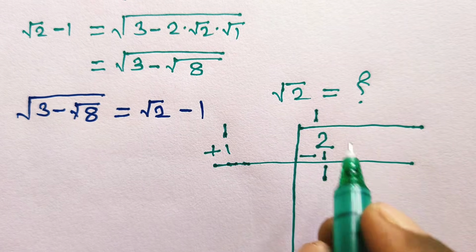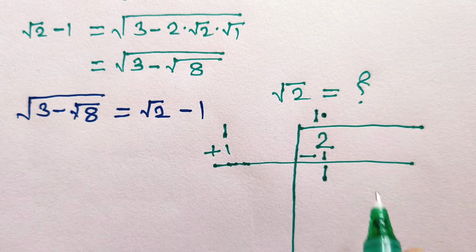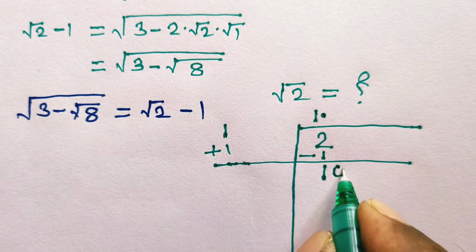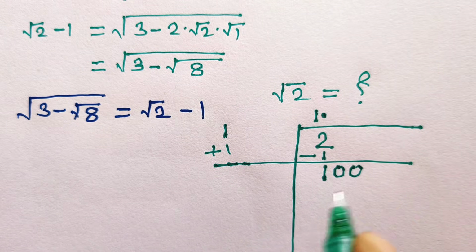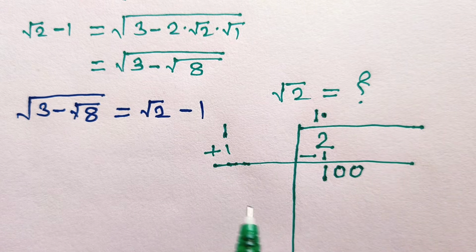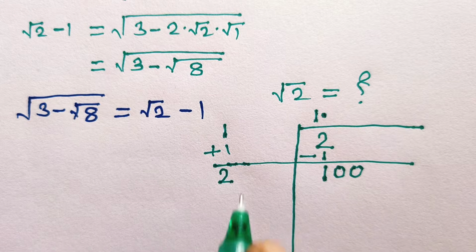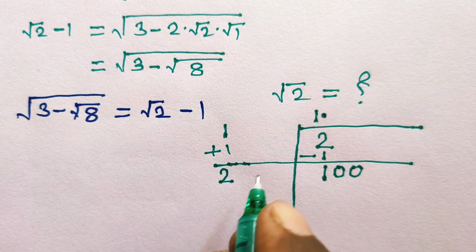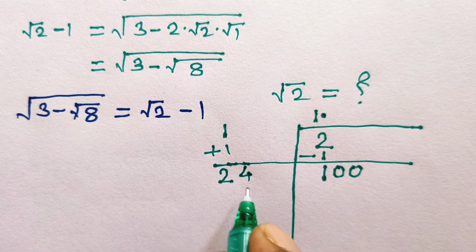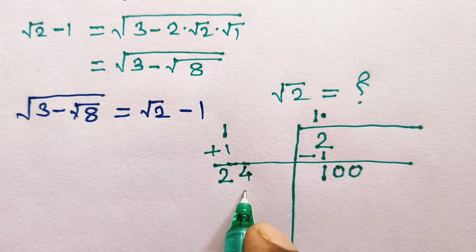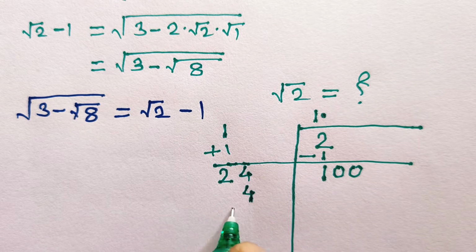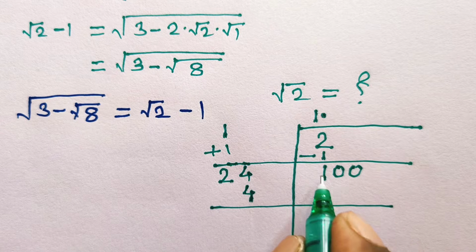Now take here decimal point and a pair of zeros after this one. So, and here 1 plus 1 is 2. Now a number we have to put here such that this number into this number will be less than 100.